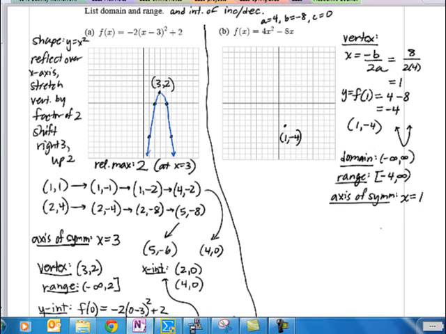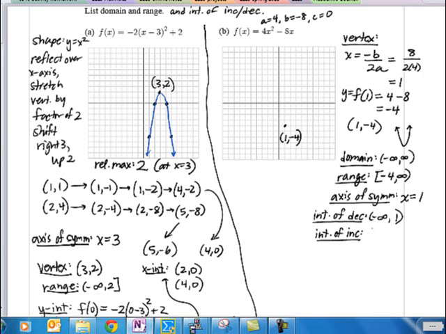We know the graph is decreasing at first, so we'd say interval of decrease from the left all the way to 1, so negative infinity till we get to x equals 1. And then the interval of increase, we want starting at x equals 1 and going to the right, so 1 to infinity.